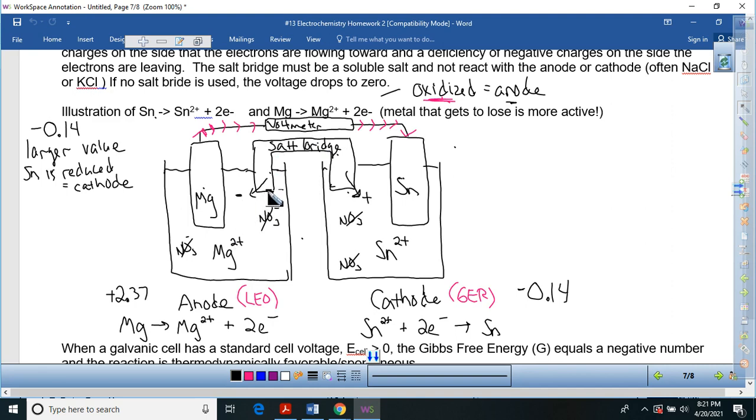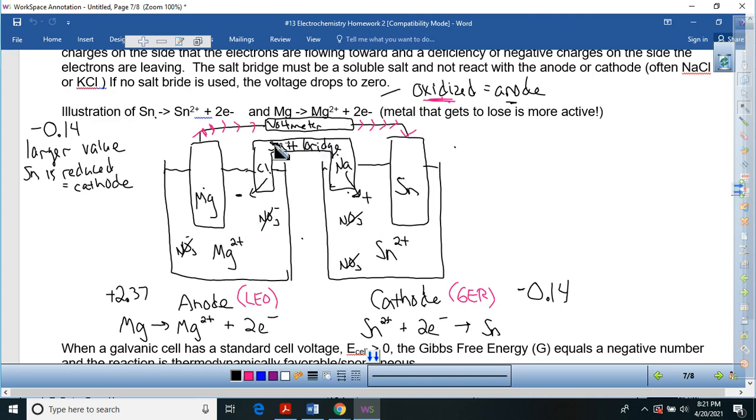And so the salt bridge will replenish those negatives by sending out the negative ions on this side of the salt bridge. So for instance, if you had sodium chloride, the sodium ions would flow to the cathode side to make up for all those electrons flowing over to the cathode side. And the chloride would flow out to the anode side to make up for all of those negatives that are being transferred over.